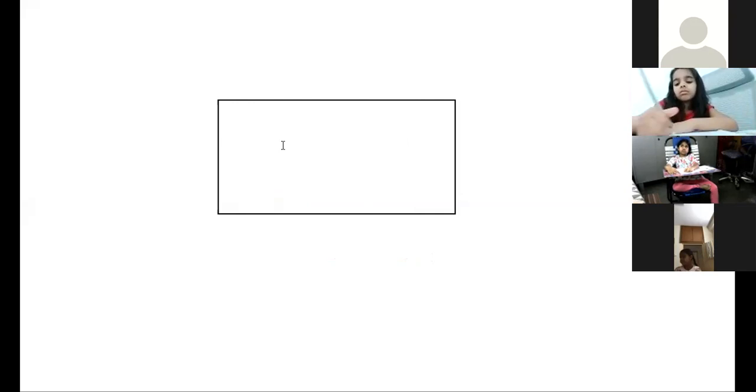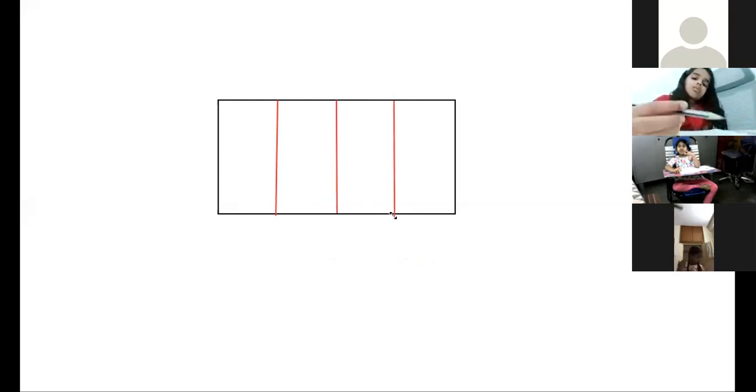Now let's say I have divided this rectangle with 1 more line. This time I have divided this rectangle into 4 parts.